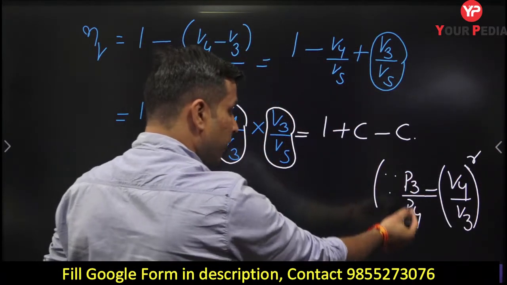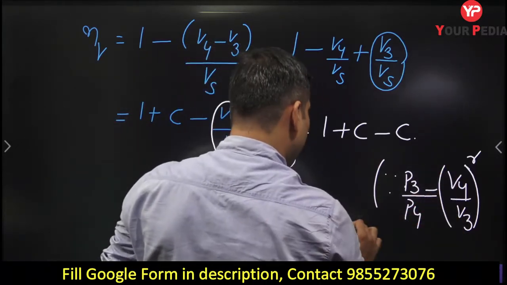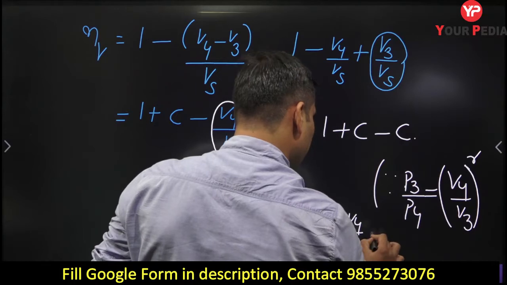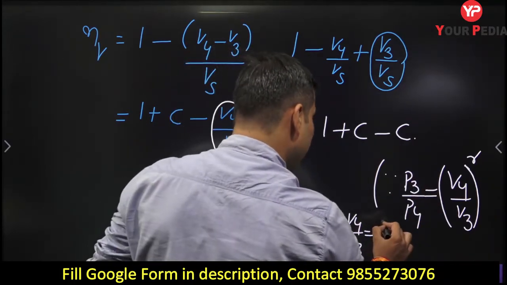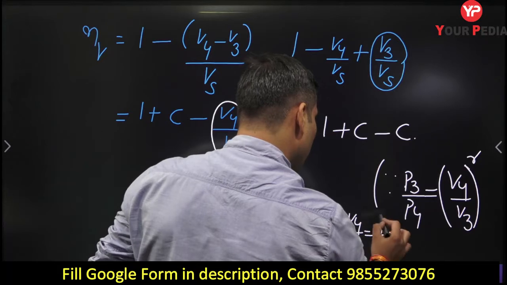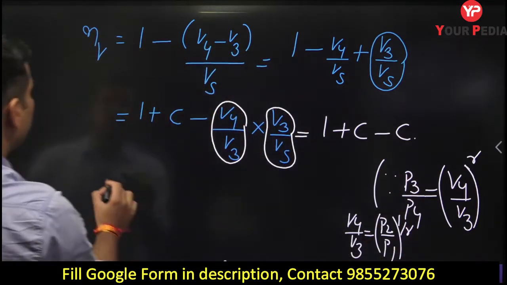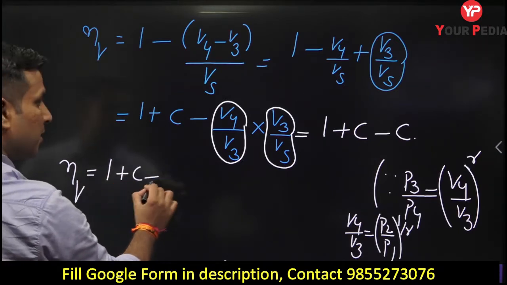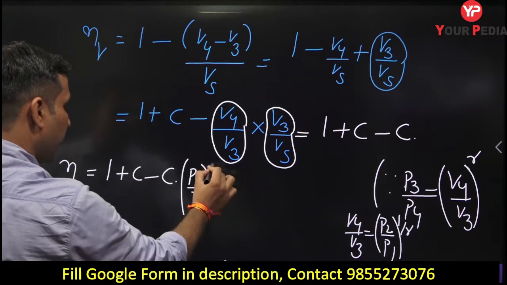So from this V4 by V3, you can write it as, what is this P3? It is the high pressure, P2 is the low pressure. So this you can write it as P2 by P1 also, okay, की power 1 by gamma. Okay, so if you put this value here, you will get volumetric efficiency of the compressor equal to 1 plus C minus C into P2 by P1 की power 1 by gamma.